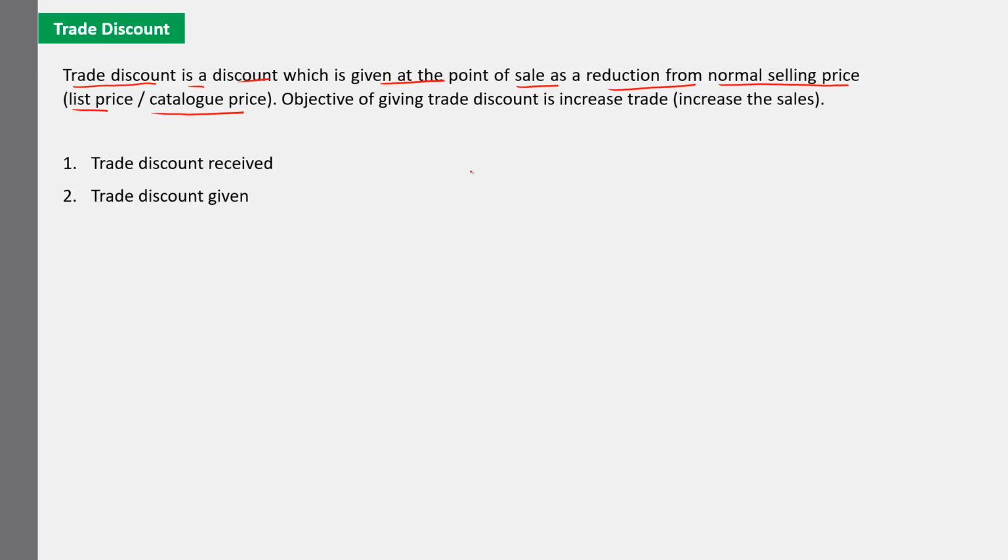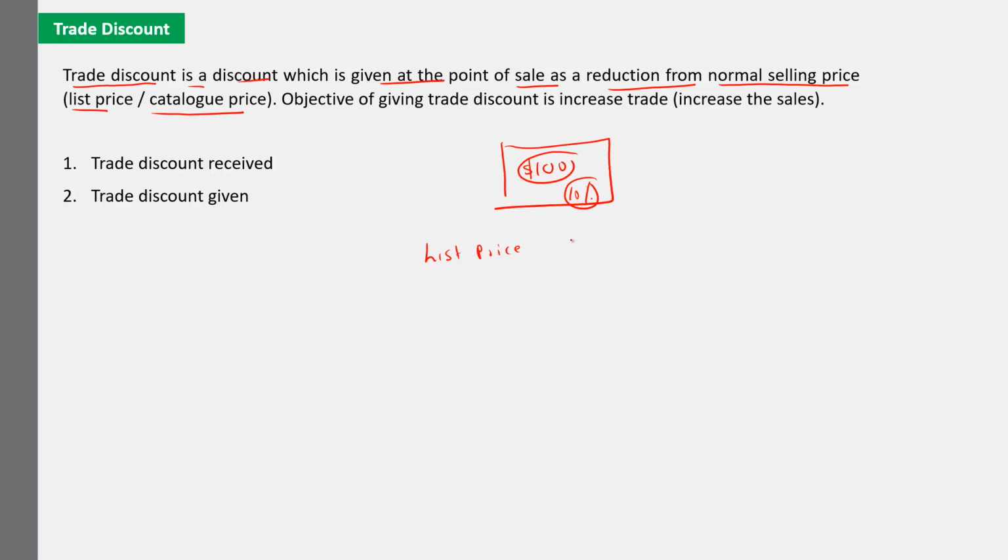So let me take an example for you all to get a better understanding. Let's assume this is a table. The value of the table, they have priced it as $100, and with that they have attached a small tag saying 10% discount. So what is that $100? It is the list price of that particular table. We will also call it the normal selling price, or the catalog price.